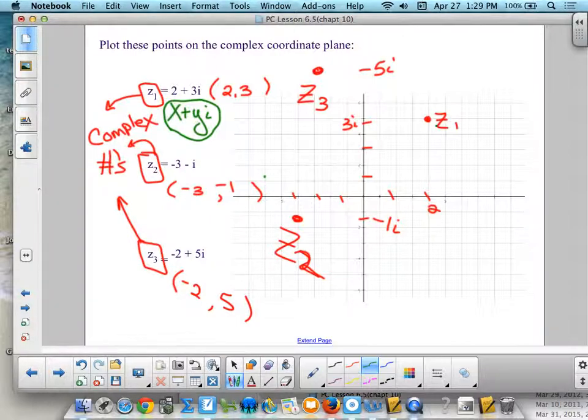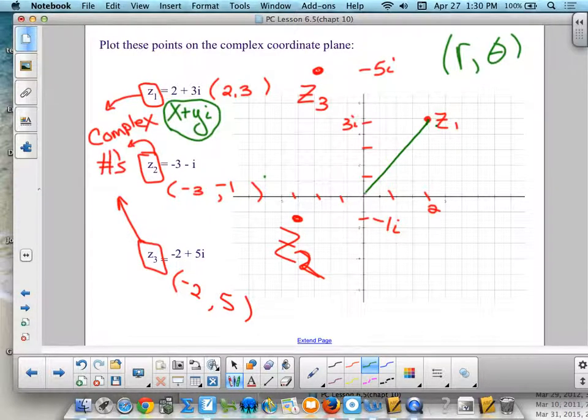Well, remember polar coordinates, you need to know a couple things. What do you need to know for polar? You need to know the degree and the radius. Remember polar, isn't polar just r comma theta? So r, let's talk about z1. Where's the radius? Well, the radius is from z1 to where?